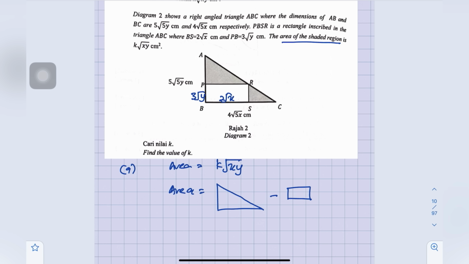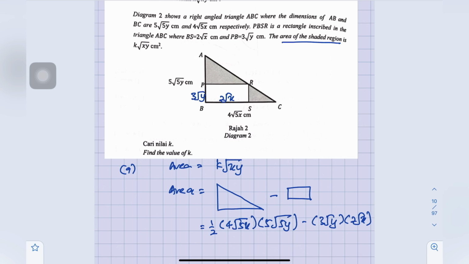So area of triangle is 1 over 2 times base. Base is 4 root 5x times 5 root 5y. Okay, minus rectangle, so 3 root y times 2 root x.